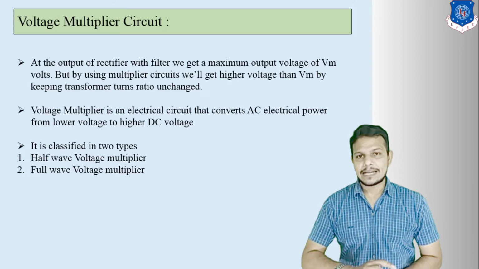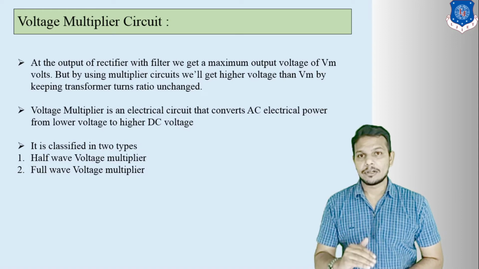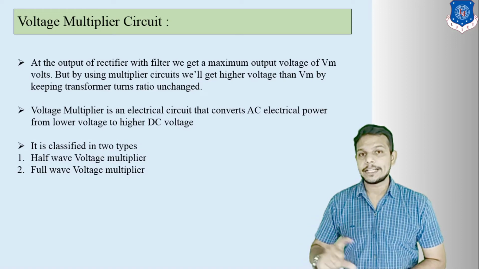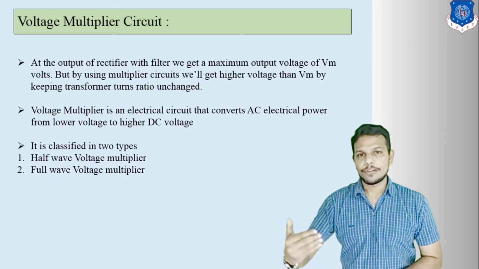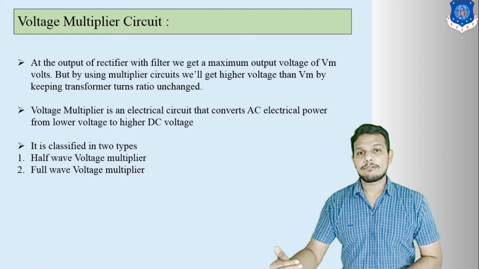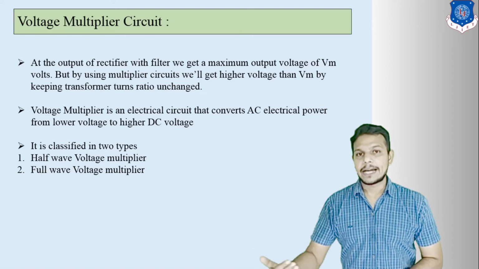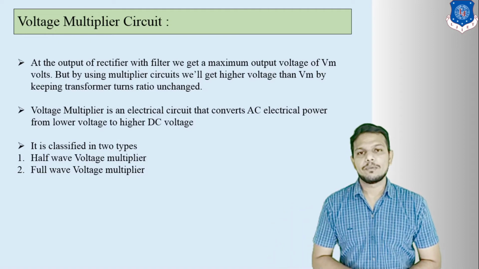A voltage multiplier is an electrical circuit that converts AC electrical power from a lower voltage to a higher voltage. That means if you enter Vm, then you will get twice Vm. If you enter 5 volts on the input side, then you will get 10 volts, 15 volts or 20 volts.